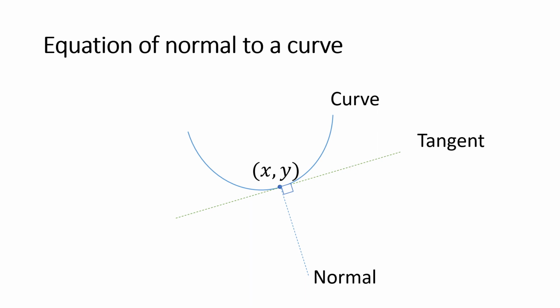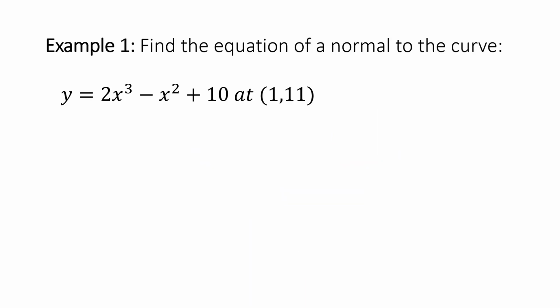So we shall take an example. Example 1 provides that we find the equation of a normal to a curve whose equation is given by y = 2x cubed minus x squared plus 10 at the point (1, 11). First, we obtain the gradient function by taking the derivative of y with respect to x, and we apply the power rule. 3 by 2 gives me 6. I reduce the power by 1, I'll have x squared.